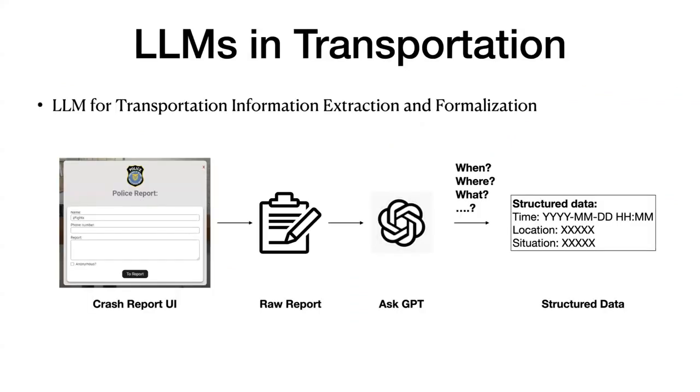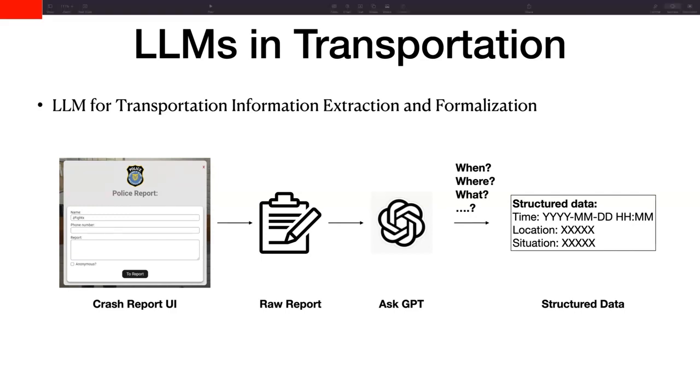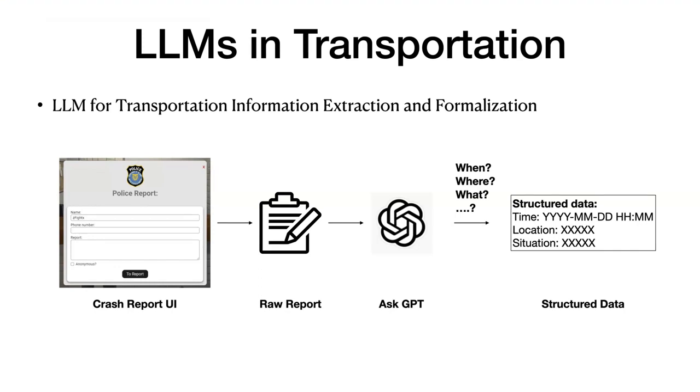In the transportation area, large language models can be used for information extraction and formalization. They can extract information from raw reports written in natural language, and by answering questions from the user, give you structured data. Like in this case, a crash report written in natural language becomes structured data with the time, location, and situation inside.